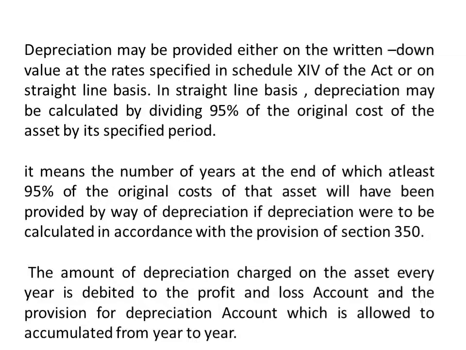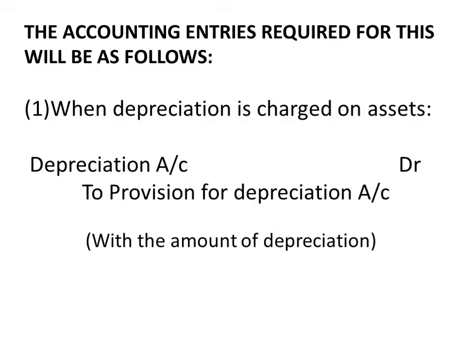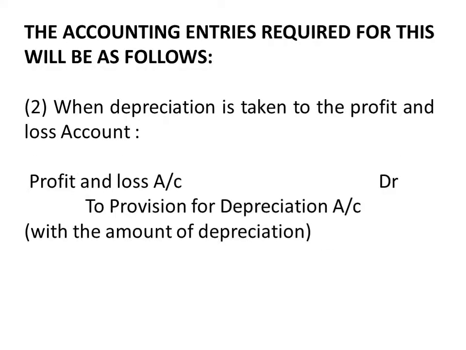The amount of depreciation charged on the asset every year is debited to the P&L account, and the provision for depreciation account is allowed to accumulate from year to year. So the accounting entry required, when the depreciation is charged on the assets, would be depreciation account debit to the provision for depreciation account.